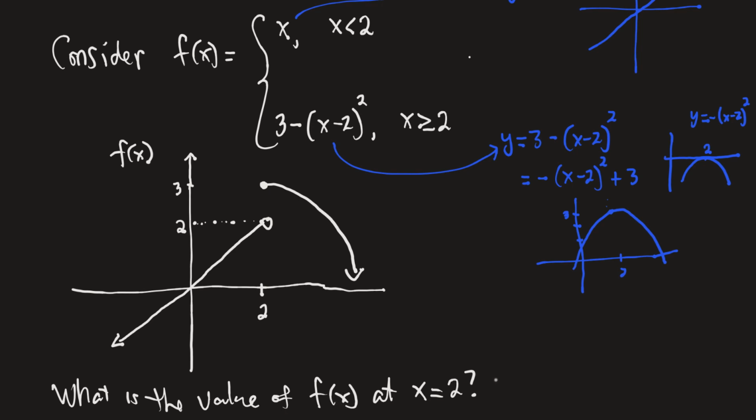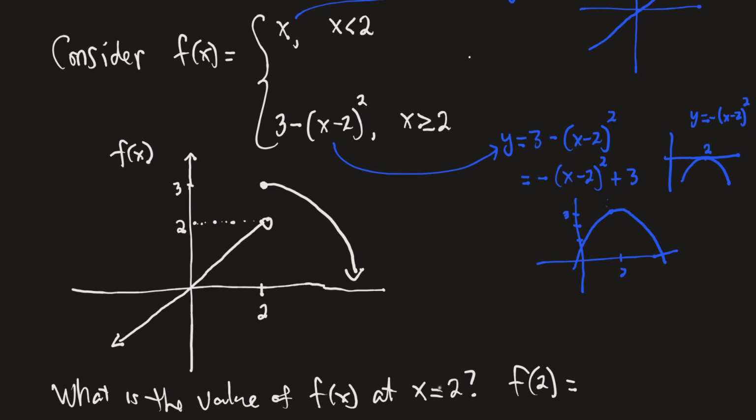Well, basically the way we would evaluate or figure out a function value is we would take the value of x and plug it in. But what do we do when the function is piecewise? Well, we have to do an extra step. That's where these inequalities come in. These inequalities will tell us what piece of the function to use for each x that we plug in. So in this case, we're plugging in x equals 2.